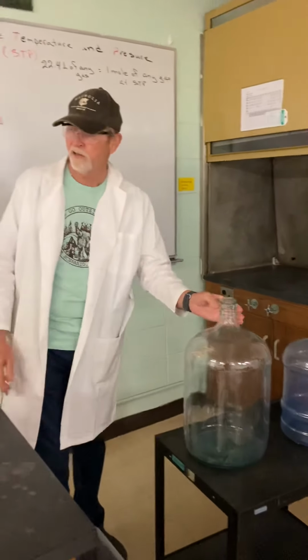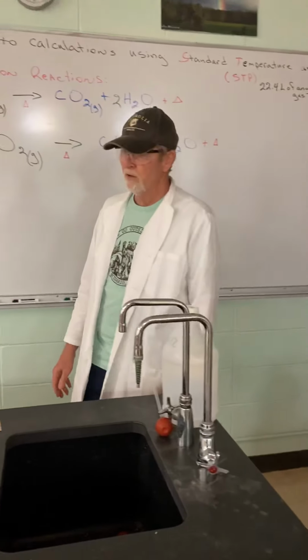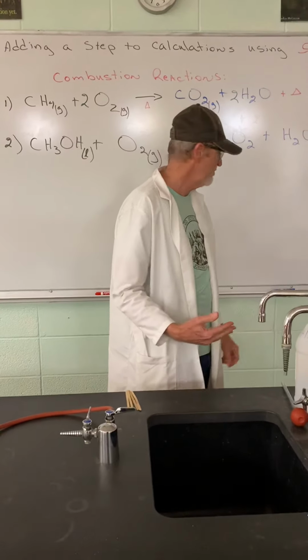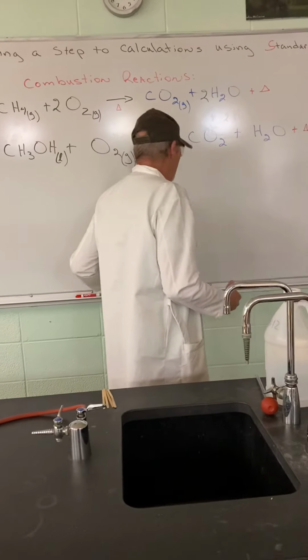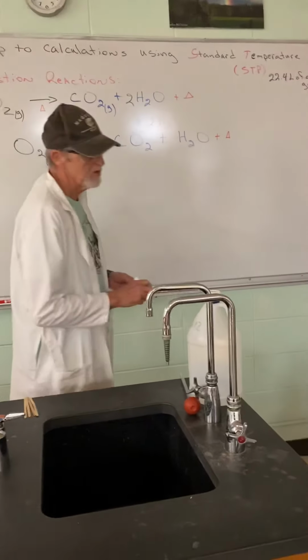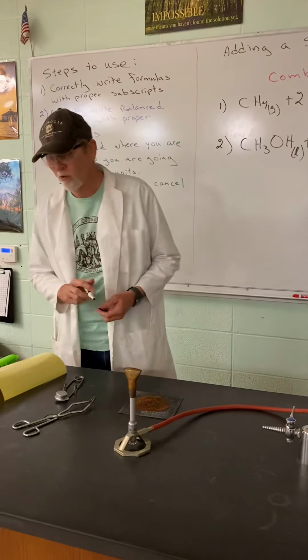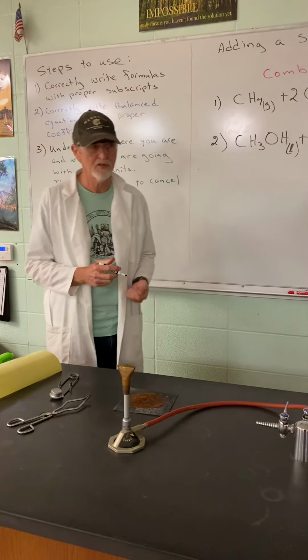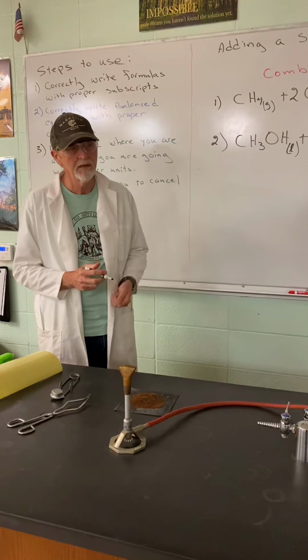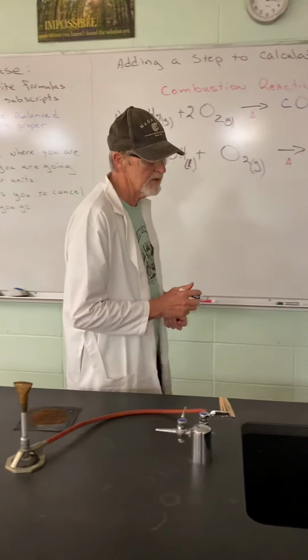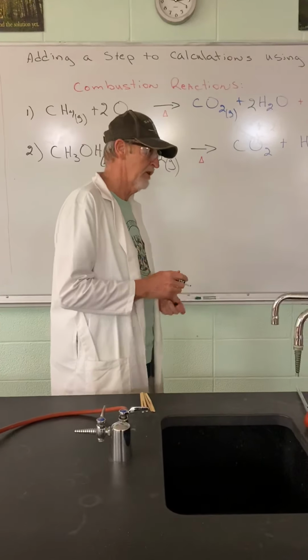If you do your calculations and multiply those values times 0.21, you're going to get 4.13 liters of oxygen in the larger one and 2.37 liters in the smaller container.